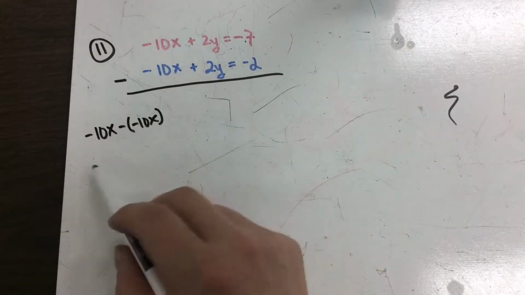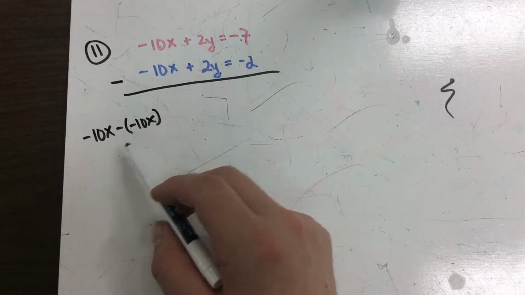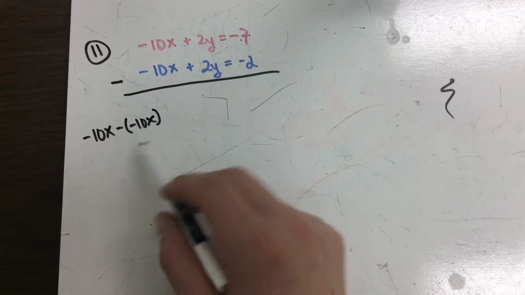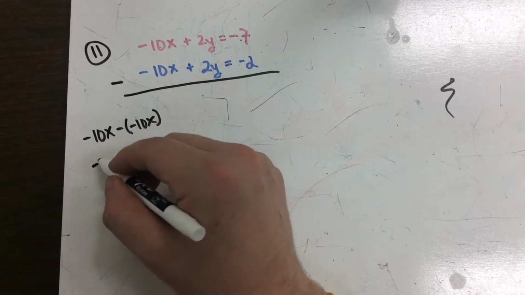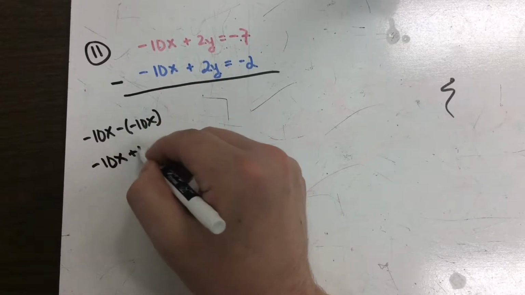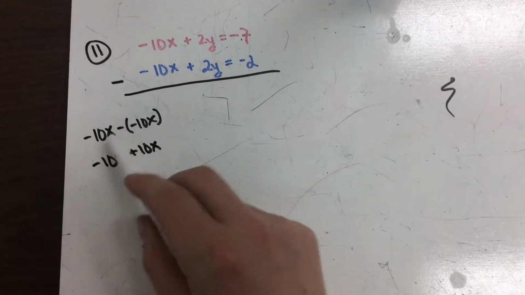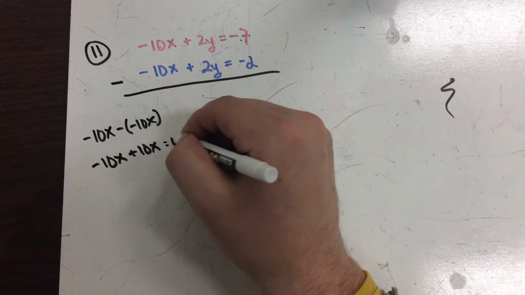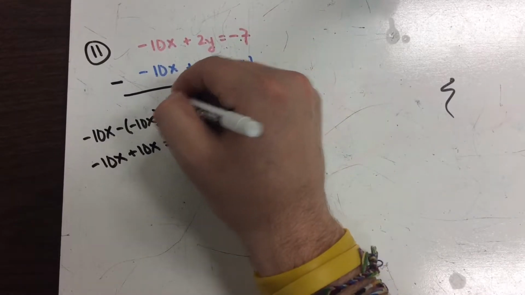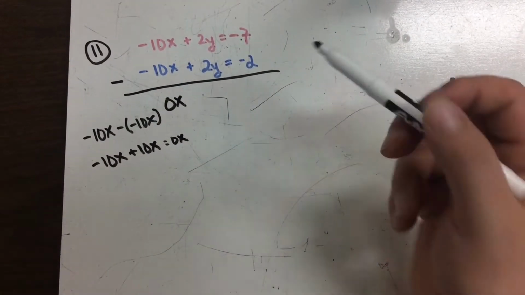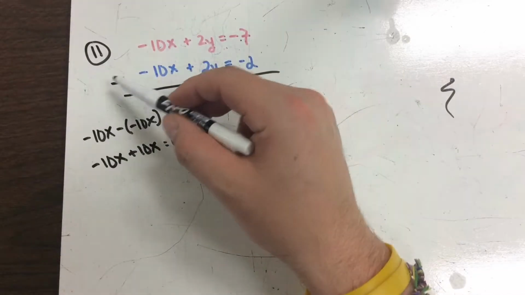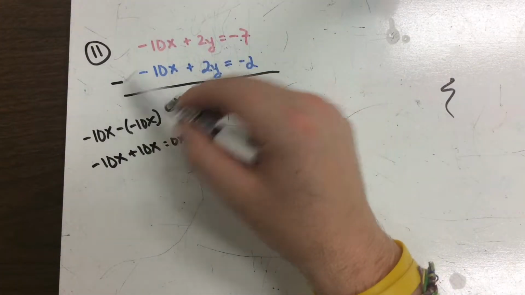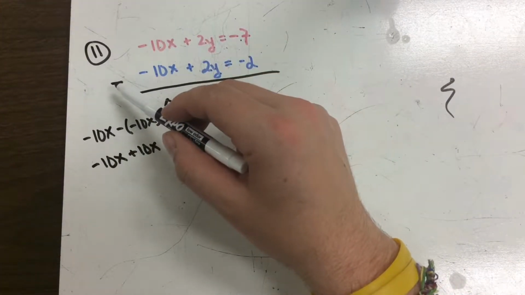Don't be afraid to ever write an additional step so that you make sure you get your math right. This is going to clean up to be negative 10x plus 10x. Negative and a negative make a positive. Therefore, this is going to be 0x. Next, I'm going to do 2y minus 2y. Again, you want to touch the operation every single time.